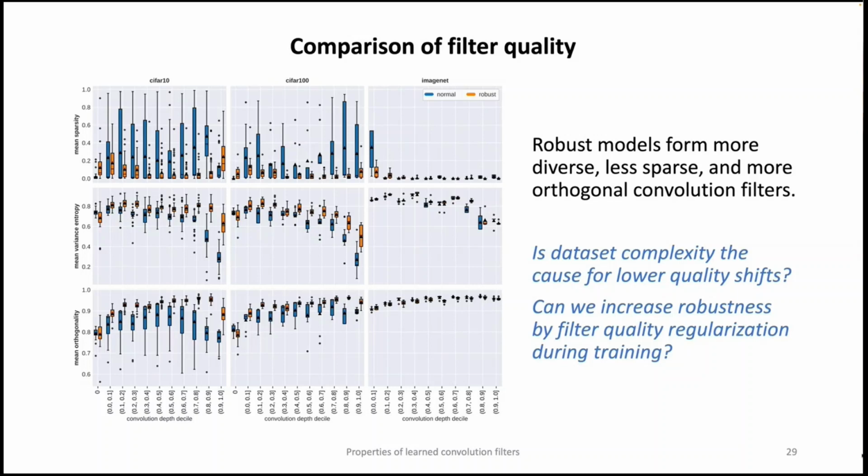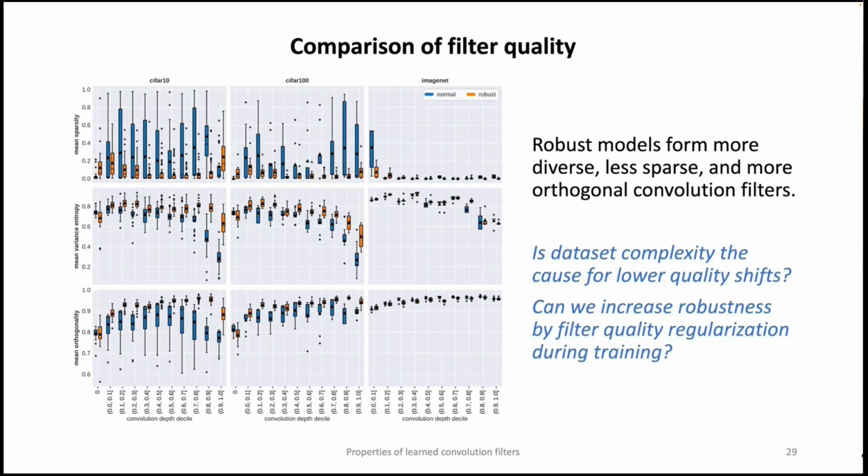For CIFAR-100, you also have sparsity, but it's lower than on CIFAR-10. And on ImageNet, you barely have any sparsity, even if you compare normal and robust models. For the entropy, you see that the entropy, again, dips off as you go deeper into the model. And there is a large drift for CIFAR-10, a medium drift for CIFAR-100, and on ImageNet, there is a barely imperceptible drift.